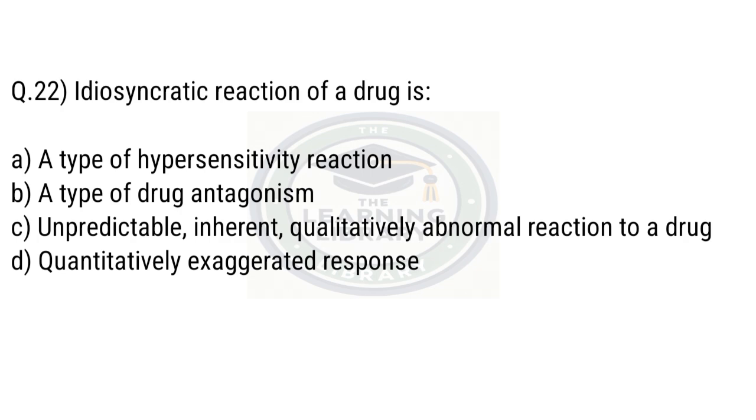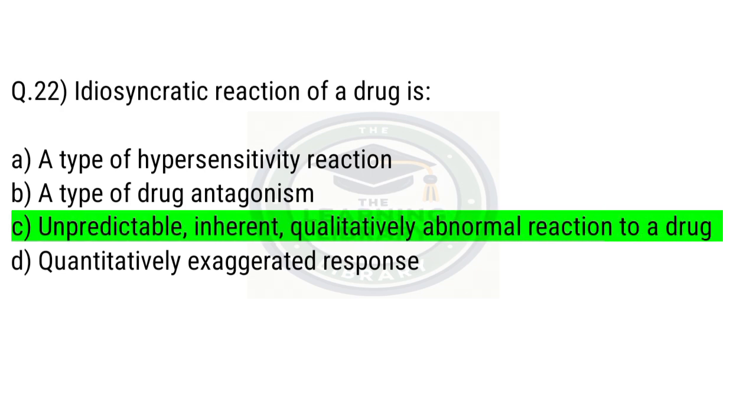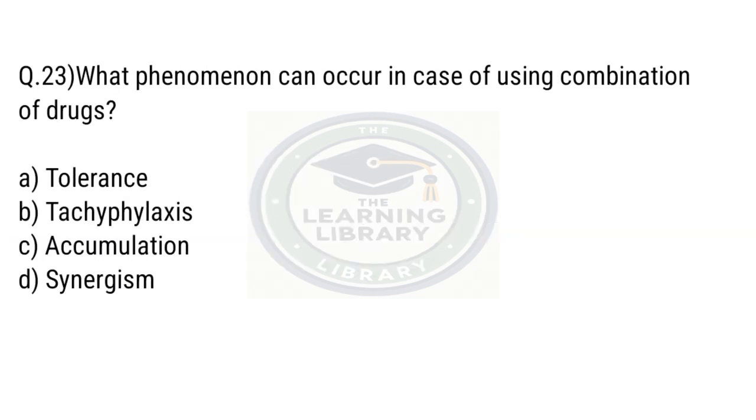Question number 22. Idiosyncratic reaction of a drug is. The right answer is option C, unpredictable, inherent, qualitatively abnormal reaction to a drug. Question number 23. What phenomena can occur in case of using combination of drugs? The right answer is option D, synergism.